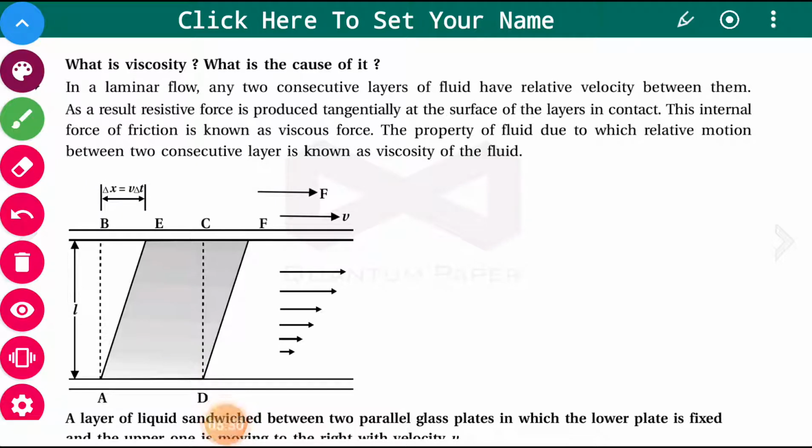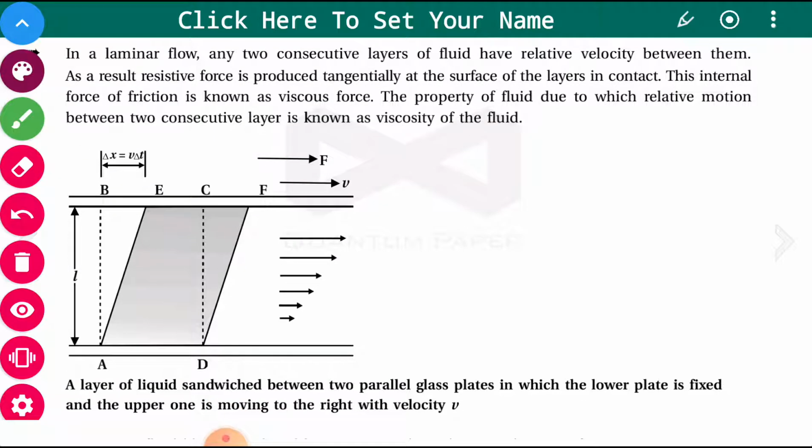Now we shall talk about viscosity, that is stickiness, which is always associated with the fluid. Generally we have experienced stickiness in liquids. In a layer-by-layer flow, or laminar flow, any two consecutive layers of the fluid have relative velocity between them.